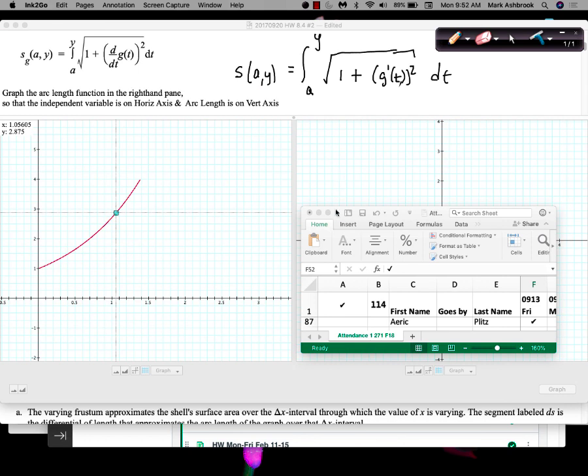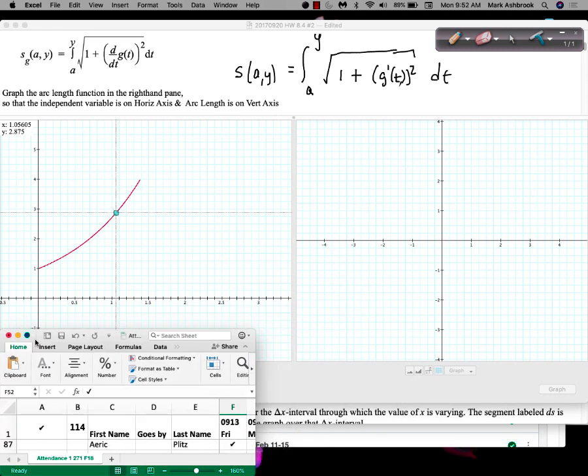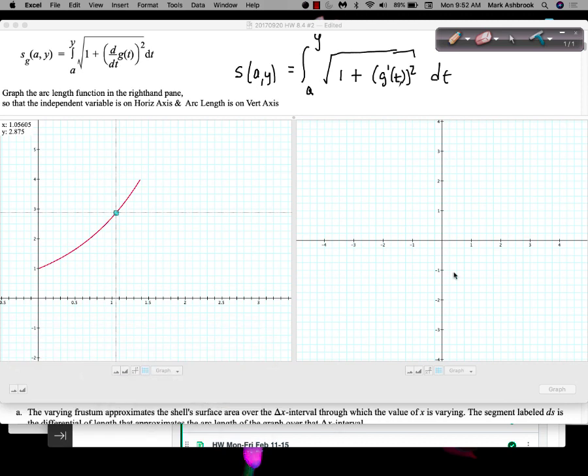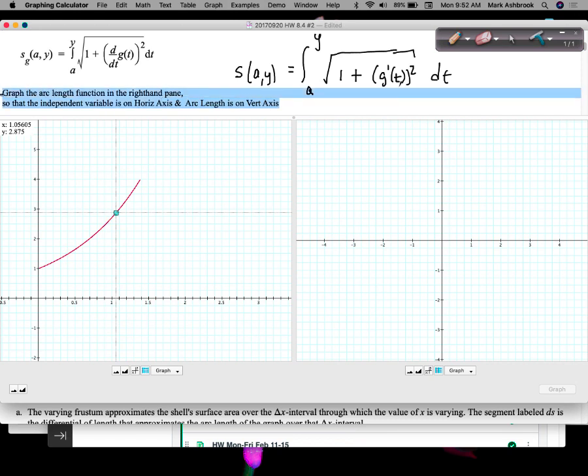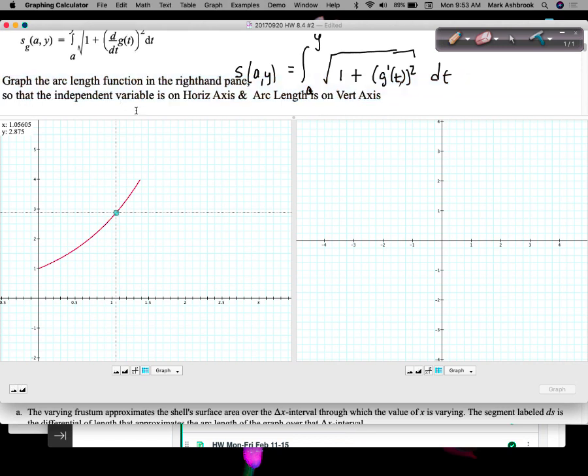So now I want to do something that's again a little bit unfamiliar, but great practice for our understanding of functions and graphing. I want to graph the arc length function over here in the right-hand pane, so that the independent variable of that function is on the horizontal axis.